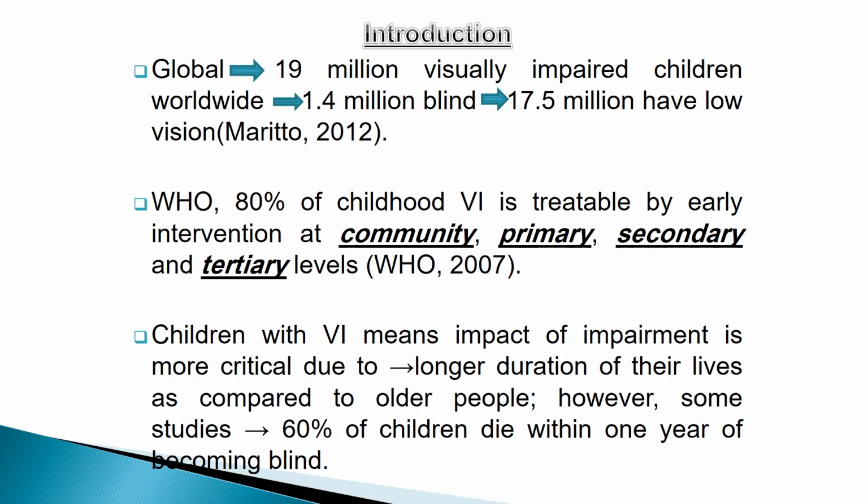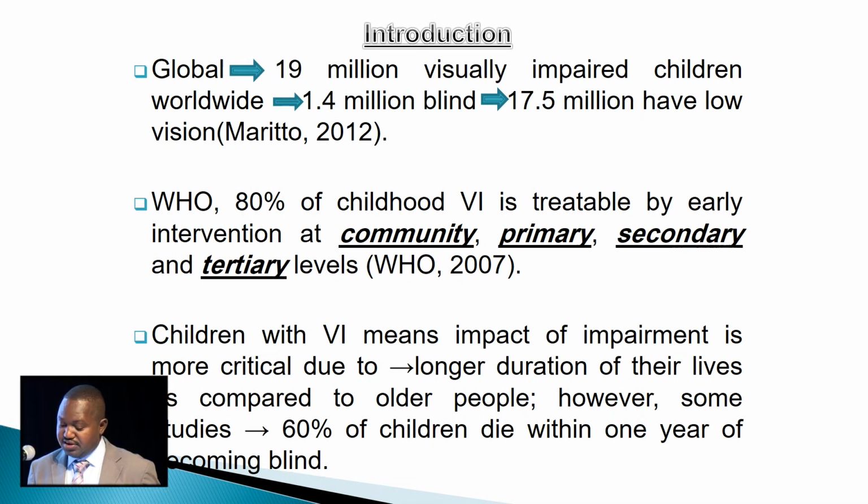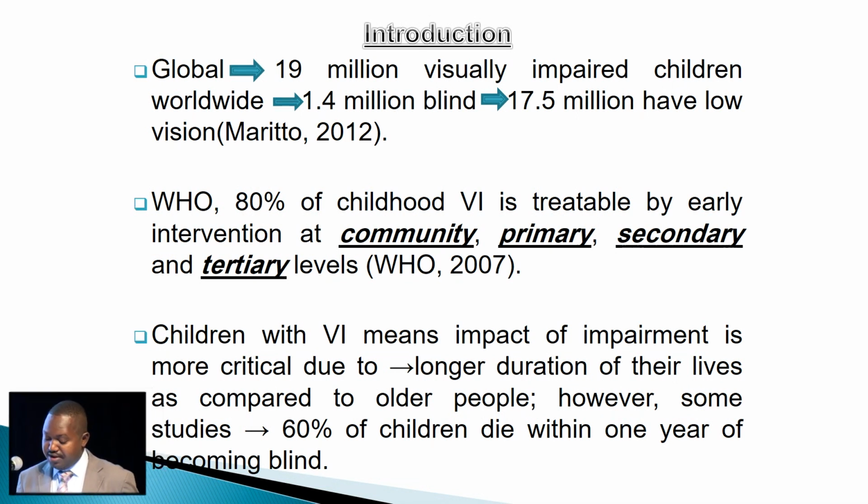WHO indicates that more than 80% of childhood visual impairment is treatable by early investigation at community, primary, secondary, and tertiary level.